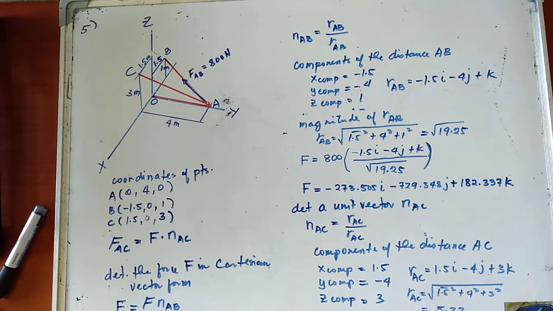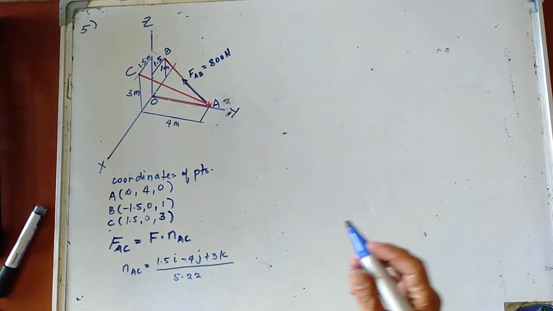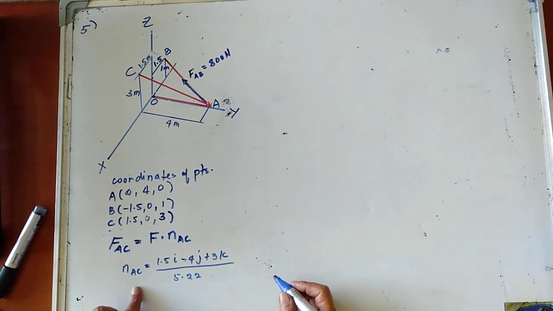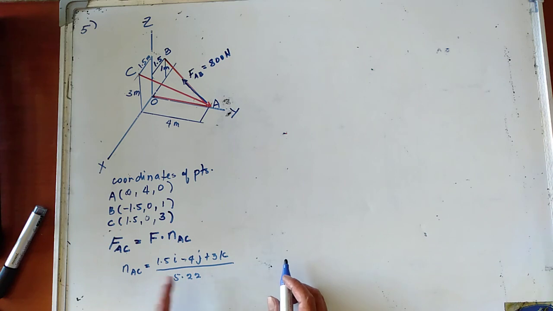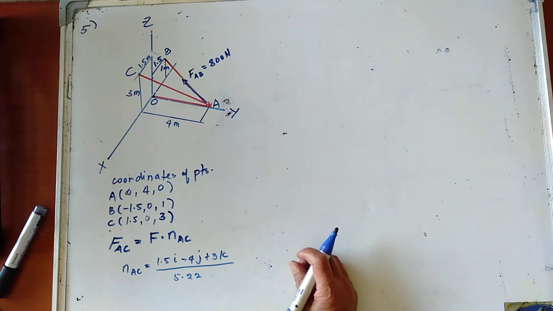Now let us determine the component of the vector F in the direction AC. The unit vector AC is the position vector over its magnitude: 1.5i minus 4j plus 3k all over 5.22.